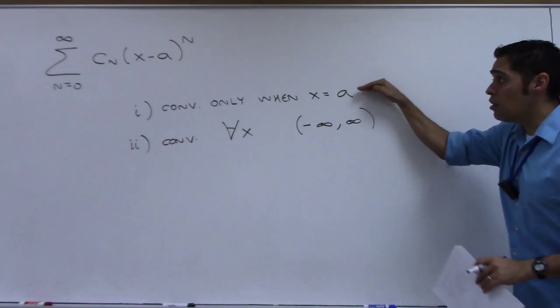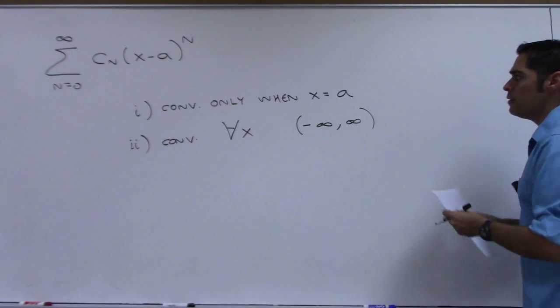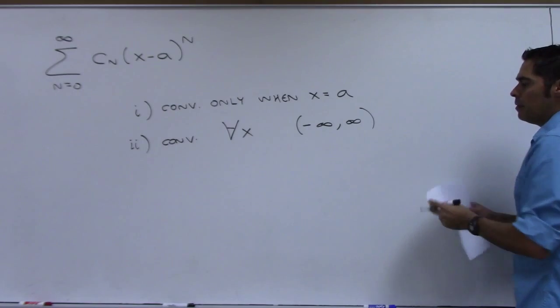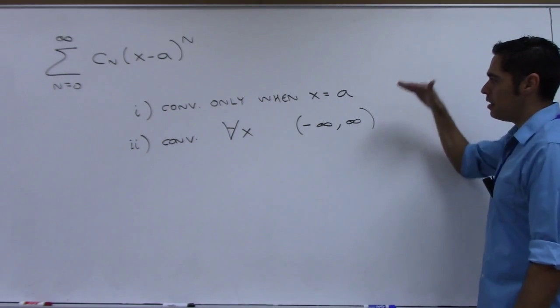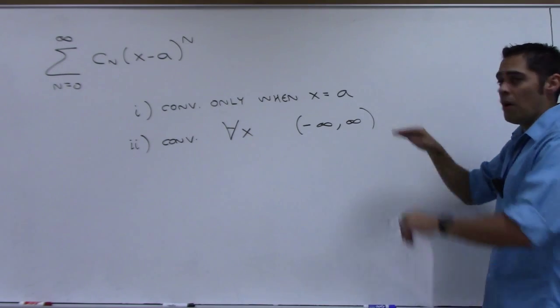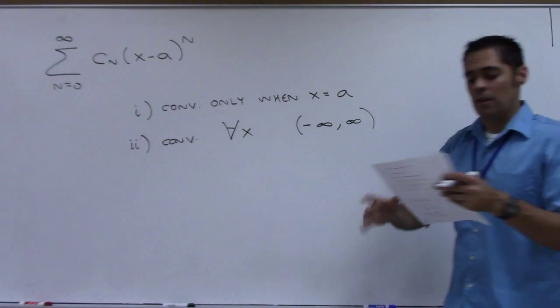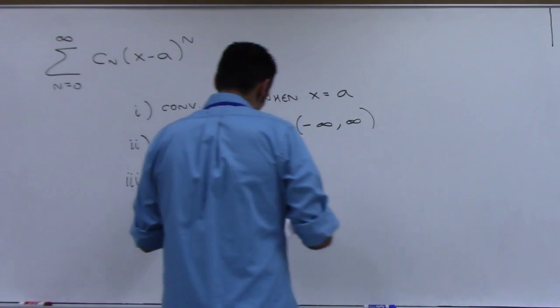So it's either at a single point or an interval. Now this interval might be the entire number line. I'm getting ahead of myself, sorry. It's either going to converge at a single point or on the entire number line, or finally, the third option is that it converges on an interval.